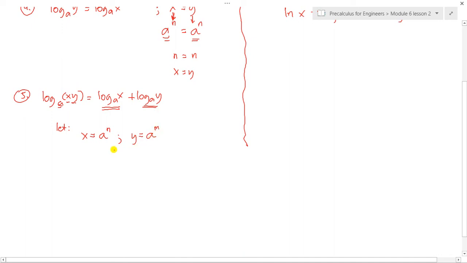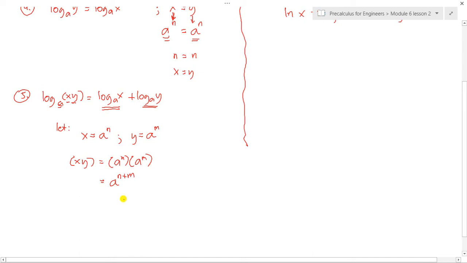So lahi sila mga exponents, ang ilang naka equal sila sa base. So we can say class that the product of x and y is just equal to the product both of their exponential form. So that is a raised to n multiplied by a raised to m. And then simplifying this, since they have the same base, so that would be a raised to n plus m. So isum up ra ang ilang mga exponent.